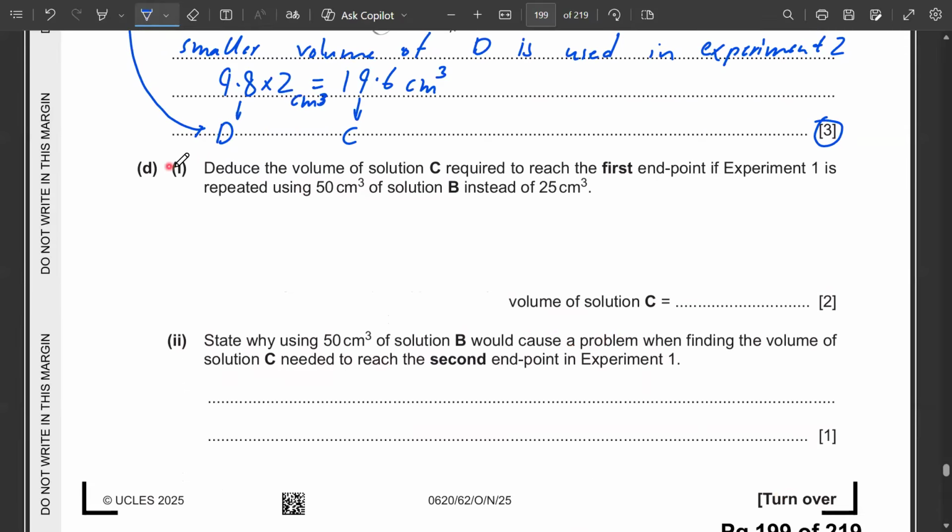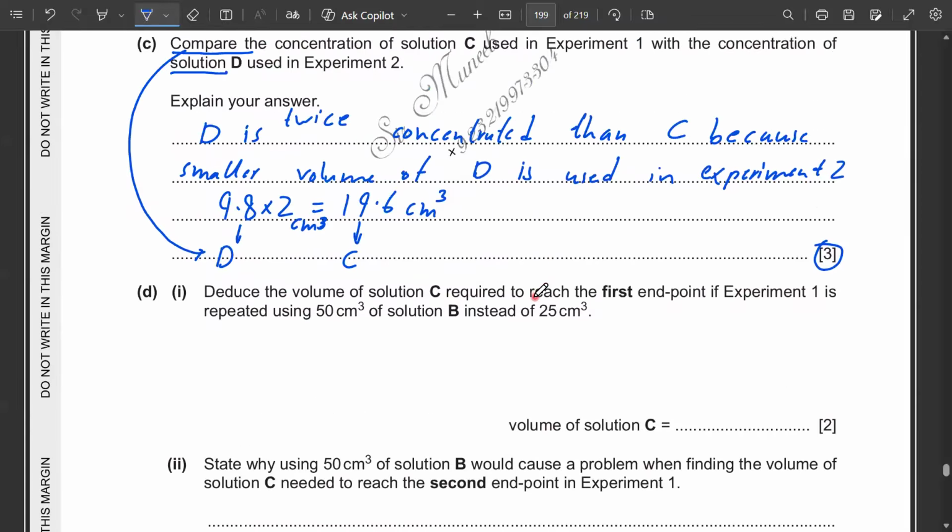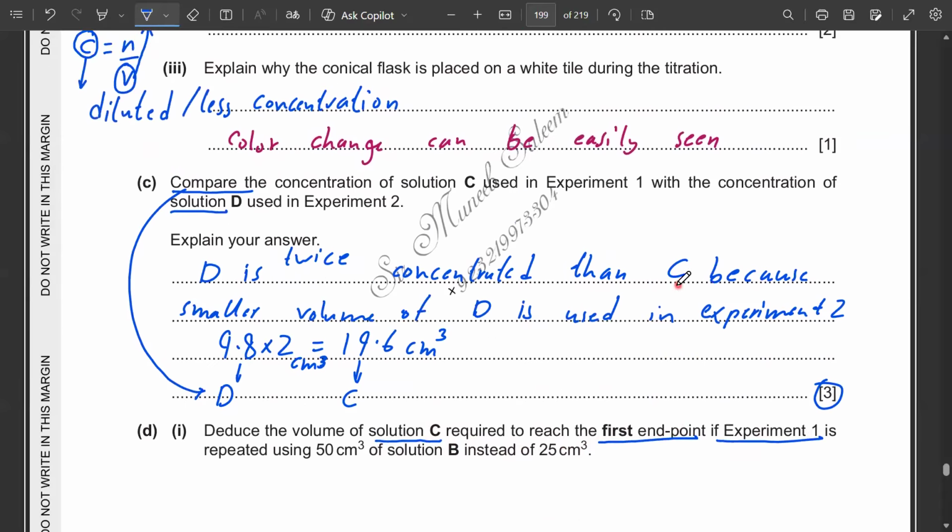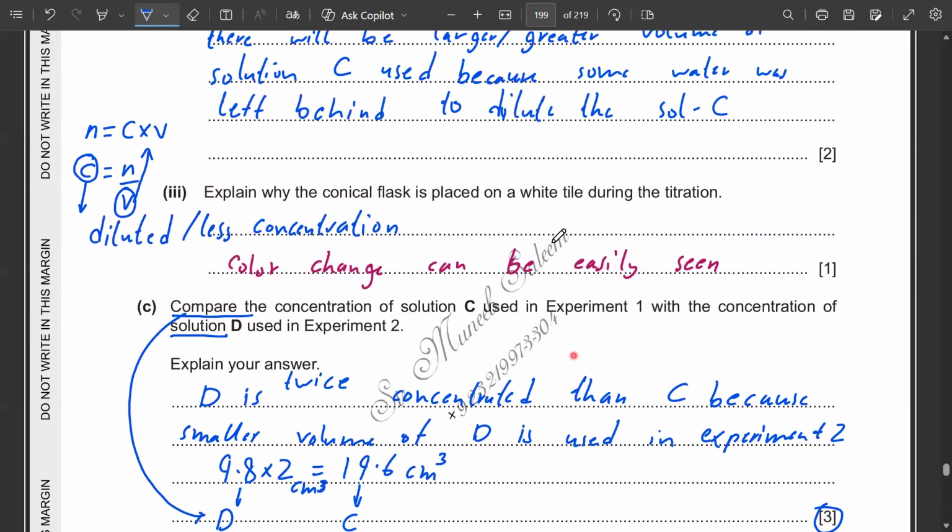Then we have D part 1. Deduce the volume of solution C required to reach the first endpoint if experiment 1 is repeated using 50 cm cube of solution B instead of 25 cm cube. Alright, so solution C was required in experiment 1, and for the first endpoint, what was the volume required?